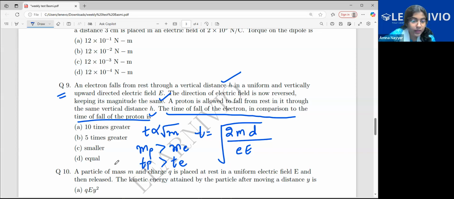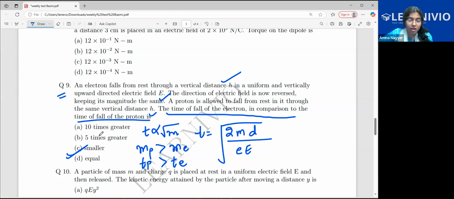Smaller. Smaller. Exactly. So is this something new that I'm telling you right now? It is smaller. Now you told me it's smaller. Got it? So I think this topic is just weak. From the paper I could conclude your dipole part is strong. Your dipole part is perfect now. You'll be able to manage dipole.